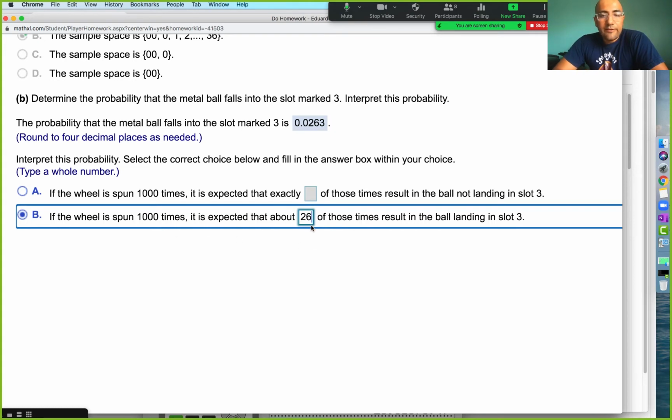But I would be very, very surprised if I got a number that was much higher than 26 or much lower. If I played the game 1,000 times and I only won 1 time, then I would suspect something is weird. Right? This is starting to violate the rules of statistics. Either I'm incredibly unlucky, or maybe the machine is not fair. Maybe something is wrong with it.